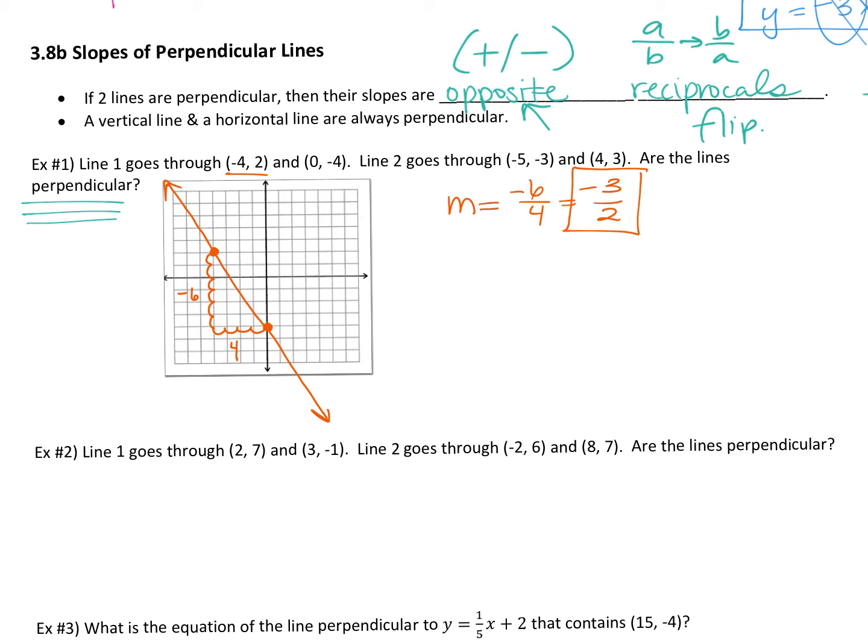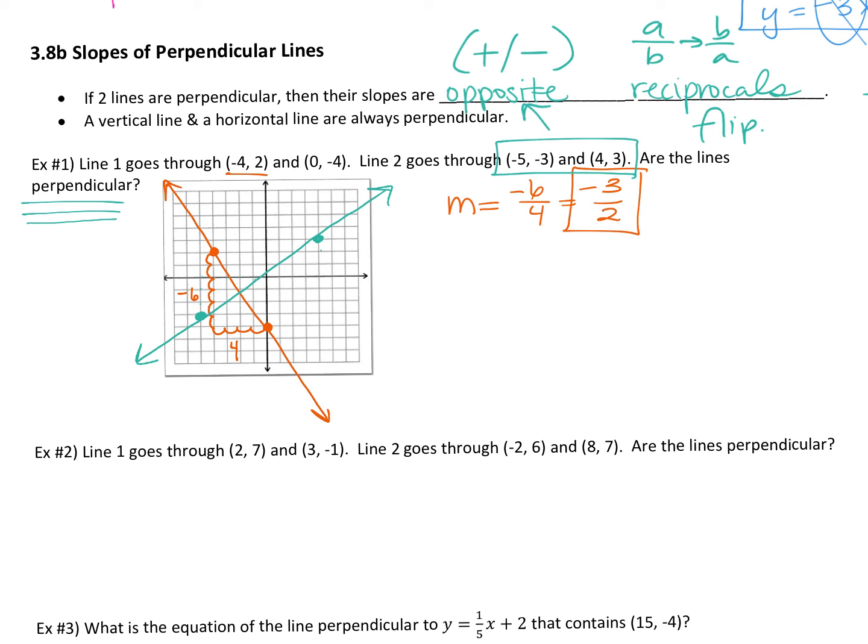Now look at the second line. This one goes through negative 5, negative 3, and 4, 3. That's this line. Okay, what's the slope of that line?